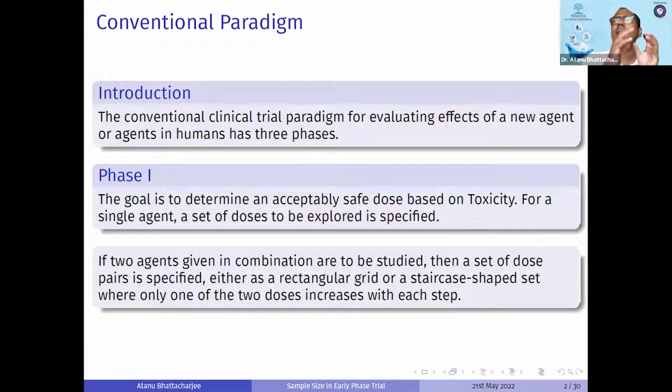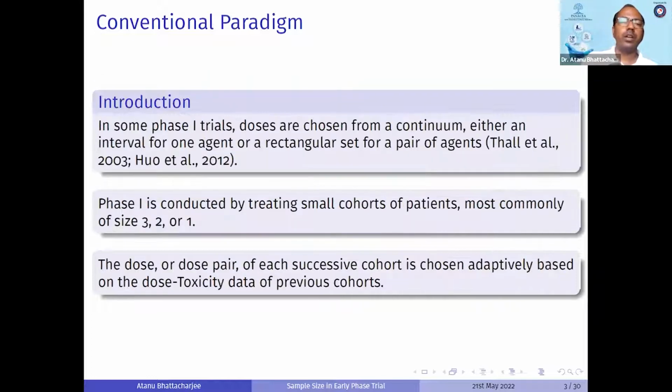Based on that, the sample size calculation procedure for a phase 1 trial also exists in that manner. So here we look at the toxicity level, and based on that we decide which doses or drugs should be taken further. However, in some phase 1 trials, doses are chosen from a continuum, either an interval for an agent or a rectangular set of paired agents.